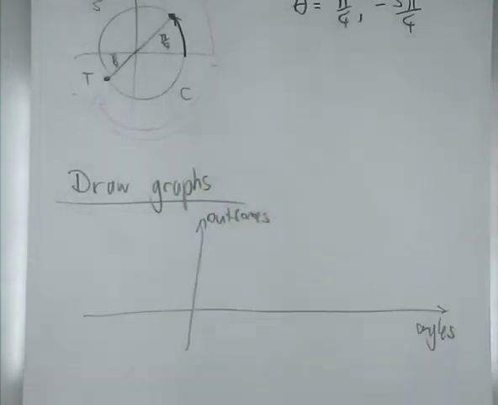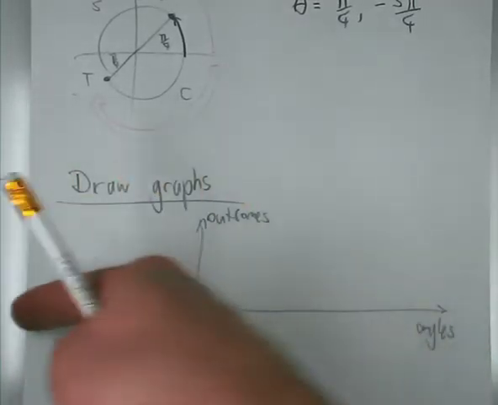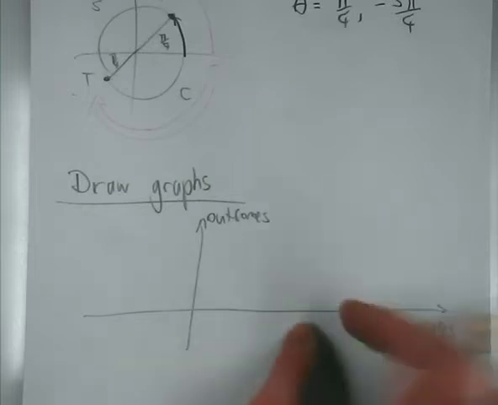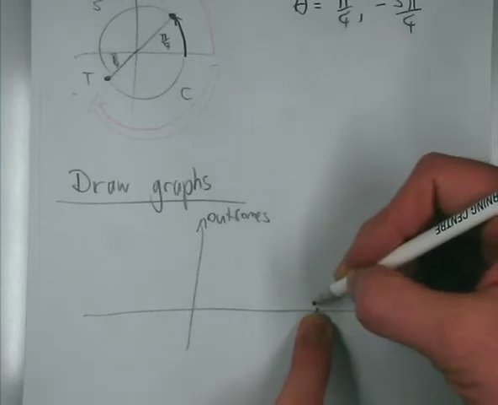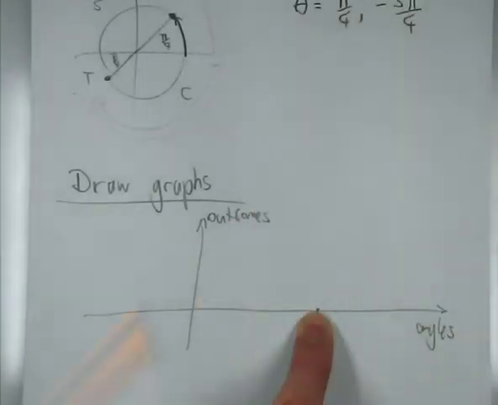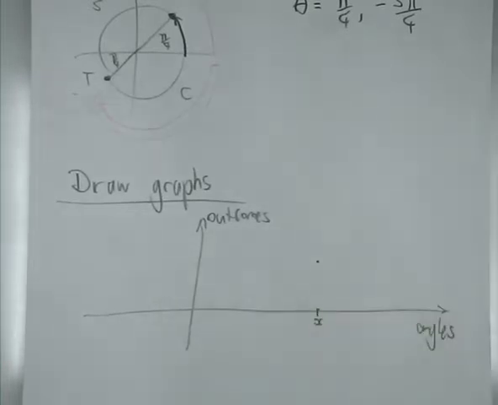So I'm thinking if I choose an angle, and these would be all the anti-clockwise angles, and these are all the clockwise angles, and what I need to do, if I was drawing sine, for example, is that if I had a particular point here, I would draw that angle in radians on my unit circle, and then I would find the height of that point, which is what sine is. Sine is the y-coordinate, and I would draw that height here, and that would be the height that I get. And I would have to do that for every point. That's how the diagram is created.